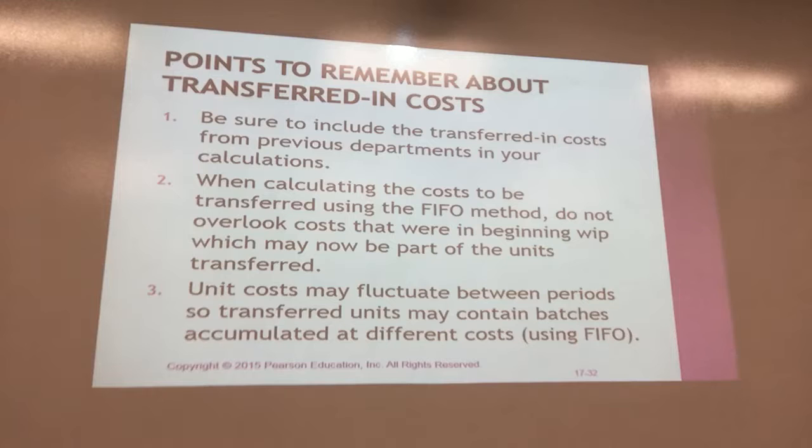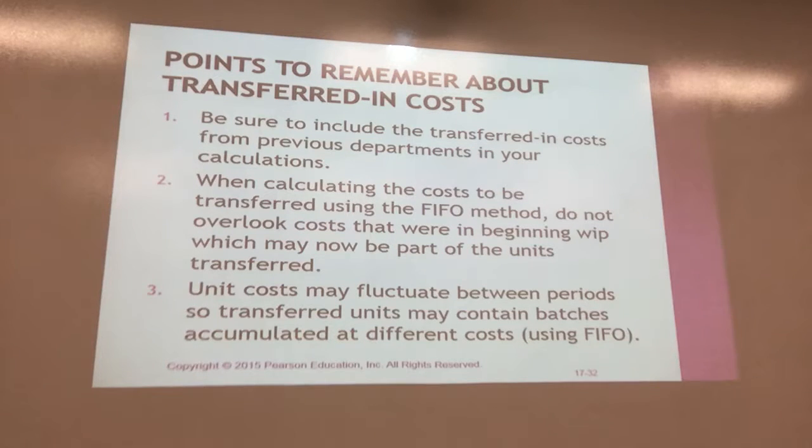Some of the points to remember about transfer in cost: be sure to include the transfer in cost from previous departments in your calculations. When calculating the cost to be transferred using the FIFO method, do not overlook costs that were in beginning work in process, which may now be part of units transferred.